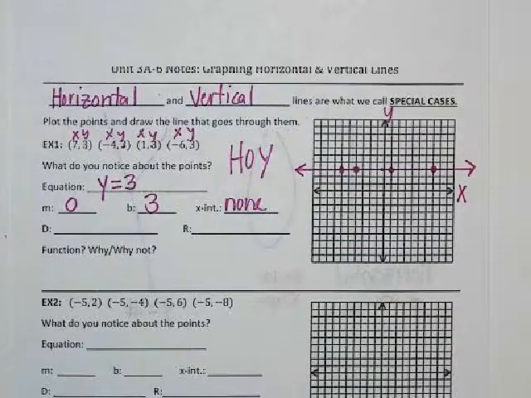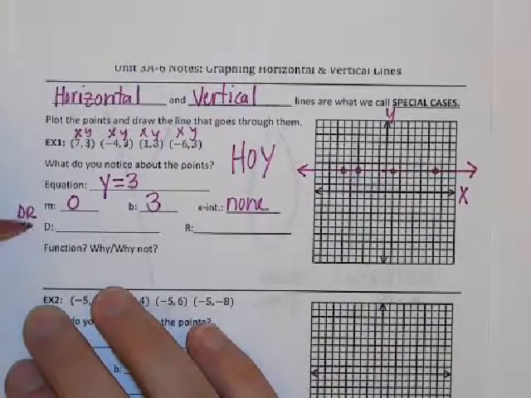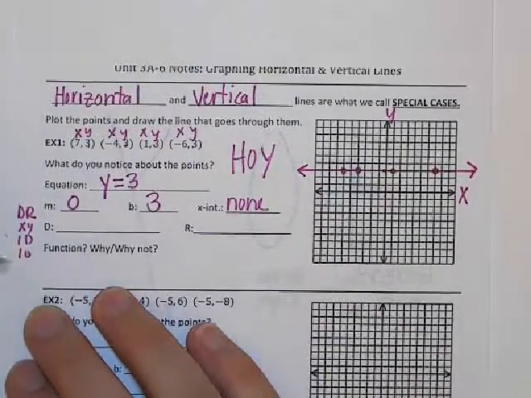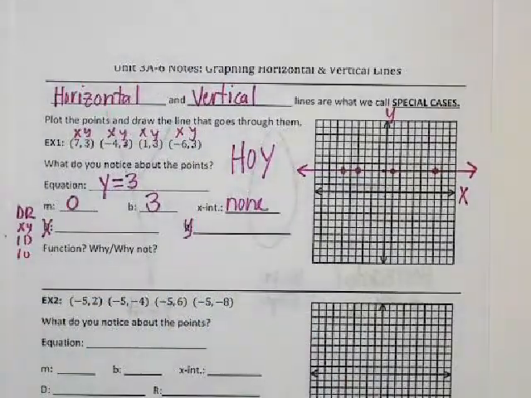Domain and range. Let's talk about this. Domain is your what? You should have Dr. XY left his ID in his office. Domain stands for X. Range stands for Y. Okay.